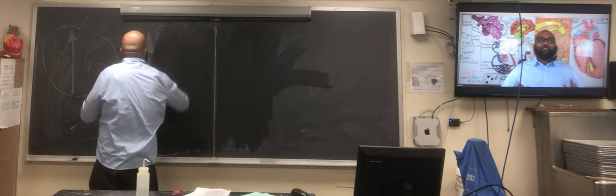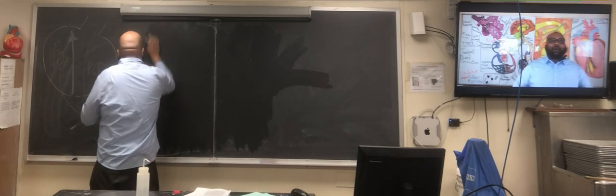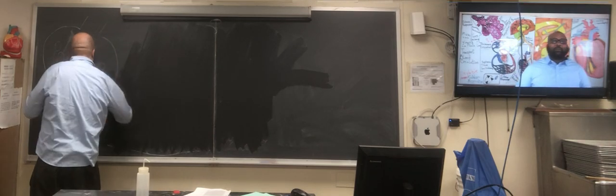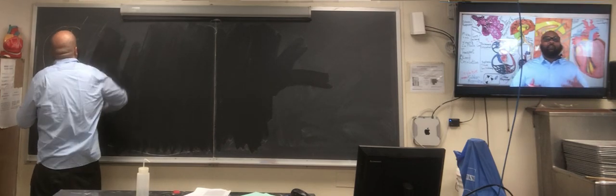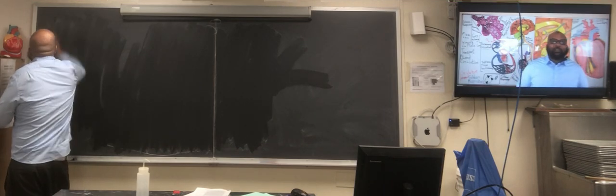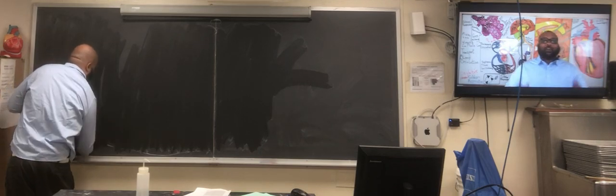Hemoglobin is a buffer. Hemoglobin regulates acid base balance for us. So let me first talk about the very important concept of acid base balance, and then we will talk about hemoglobin.